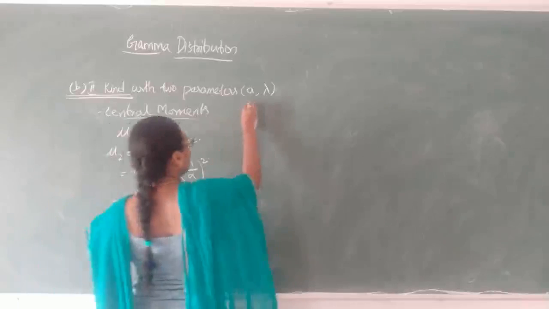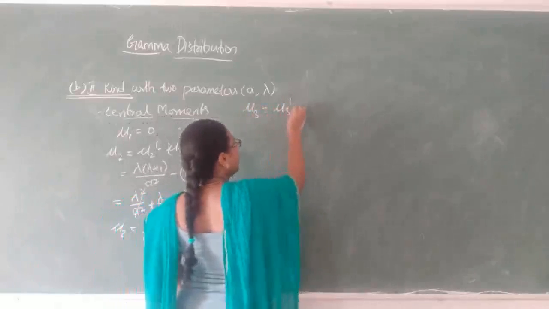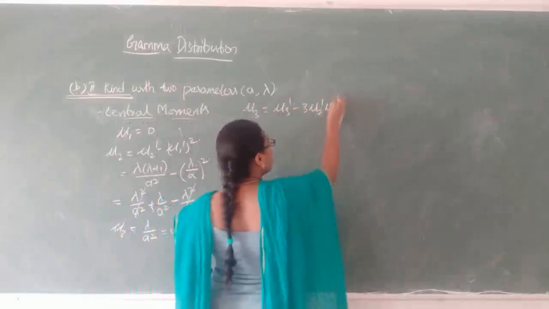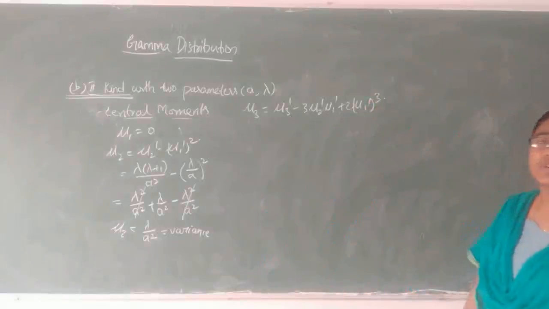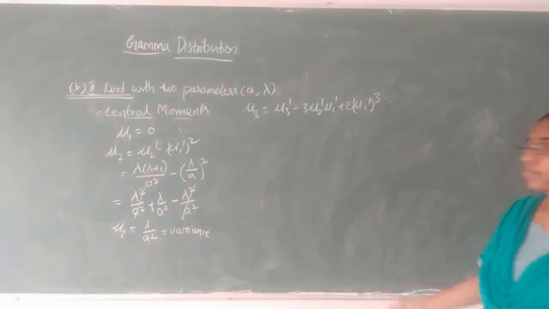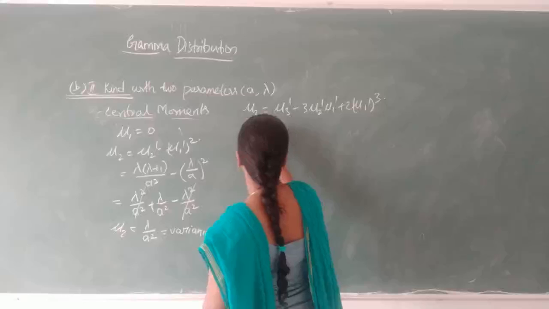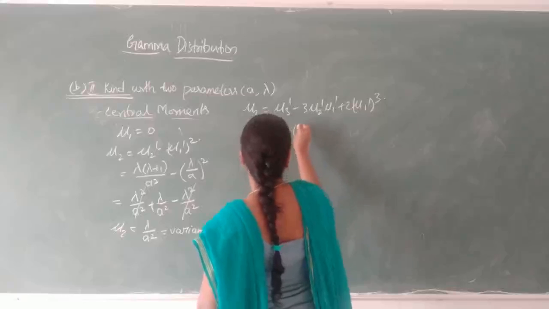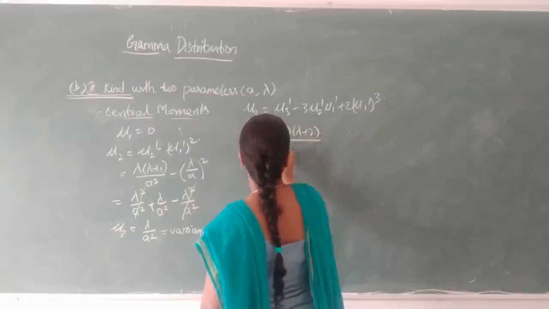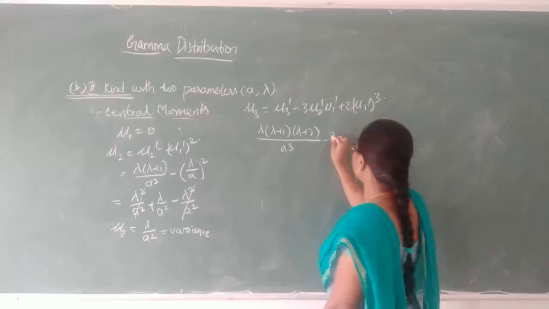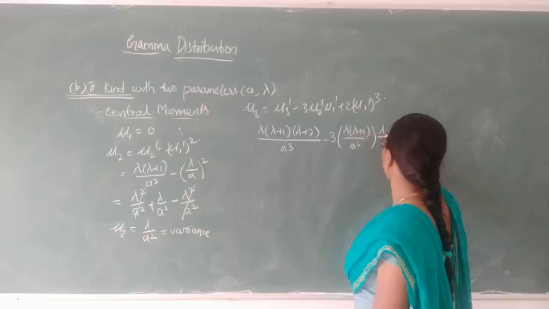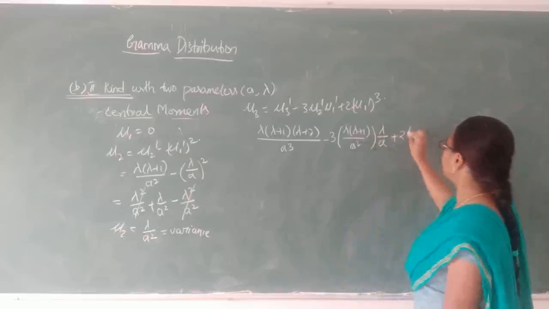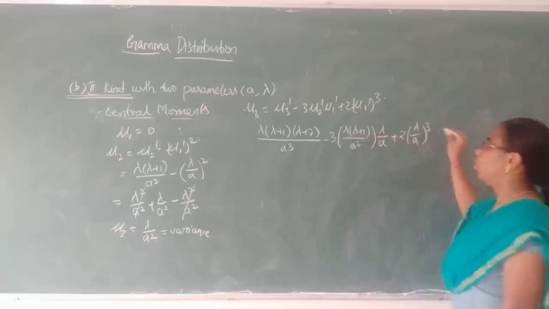So now we will find the next mu3 value. mu3 equals mu3 dash minus 3 mu2 dash mu1 dash plus 2 mu1 dash whole cube. So substitute all the values. First the mu3 dash value, that is lambda into lambda plus 1 into lambda plus 2 divided by a cube, minus 3 into lambda plus 1 by a square into lambda by a, plus 2 into lambda by a whole cube.